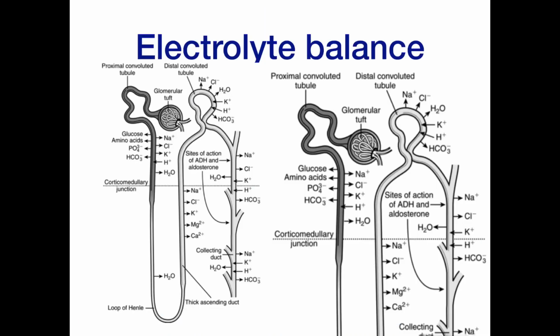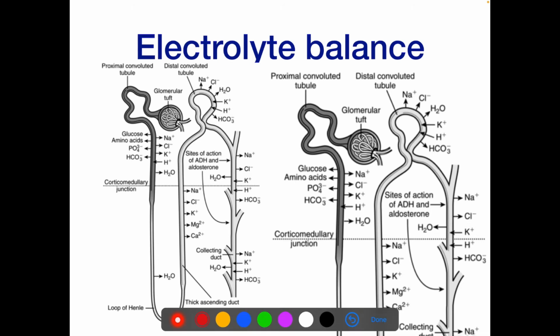The kidneys are important for electrolyte balance also. So you can see the blood coming to the glomerulus. Here it is filtered and filtrate is formed. This filtrate flows through the proximal tubule. The filtrate contains almost everything except formed elements like RBC, WBC, platelets, and large molecular weight substances like proteins.